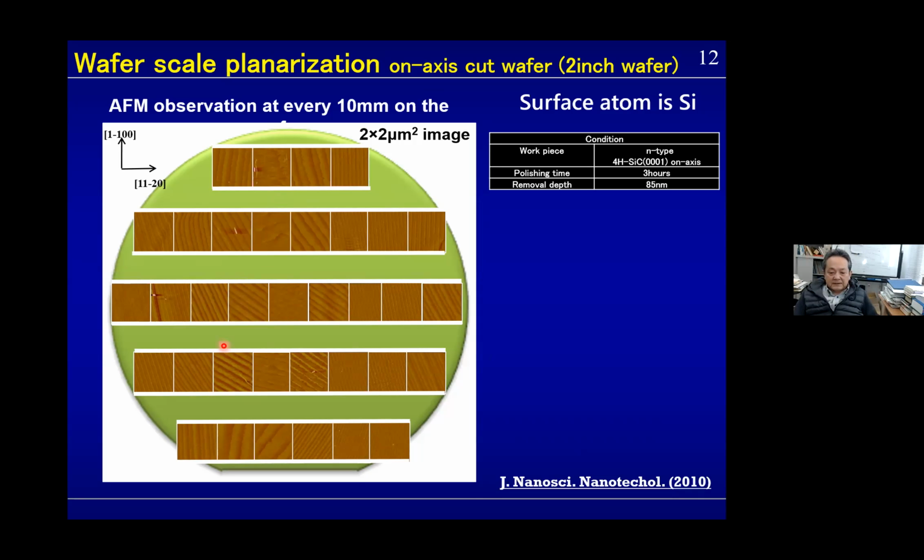And this kind of good quality on the surface is very important for the R&D, research and development of the device fabrication. So we prepare this kind of substrate surface for the R&D people of the silicon carbide devices.